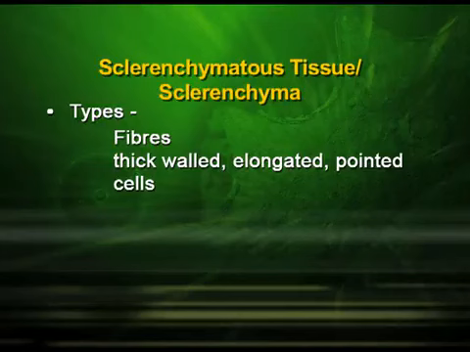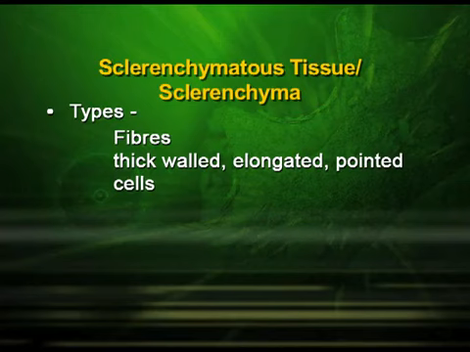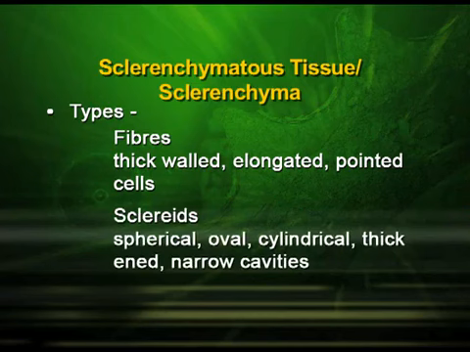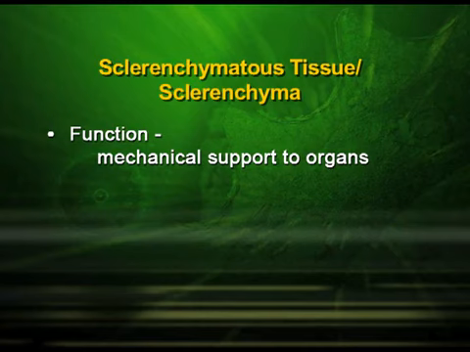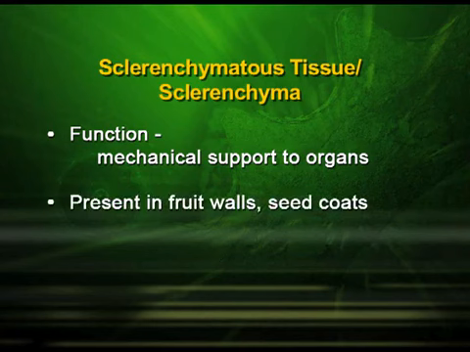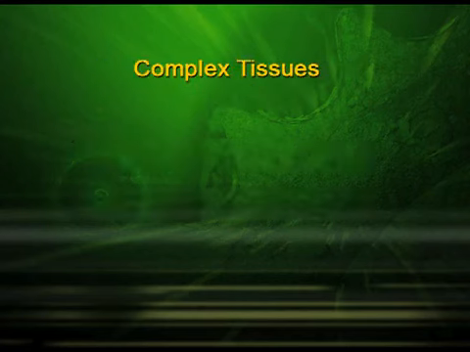They are of two types, the fibers, which are thick walled, elongated, pointed cells, and the sclereids, which may be spherical, oval, cylindrical, thickened with narrow cavities. Their function is to give mechanical support to the organs. They are found in the fruit walls as well as in the seed coats.